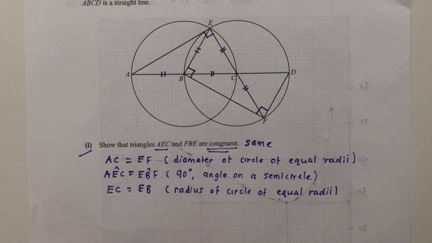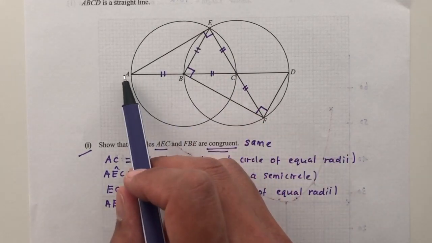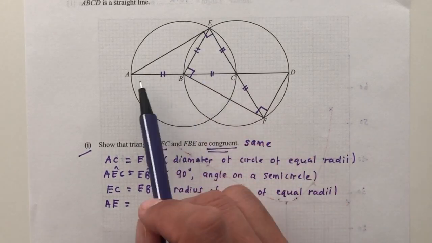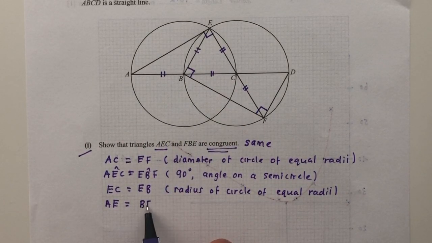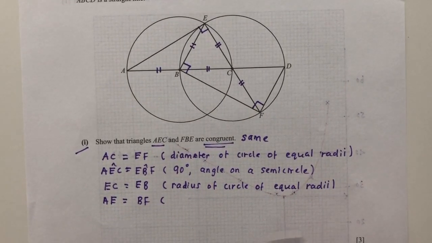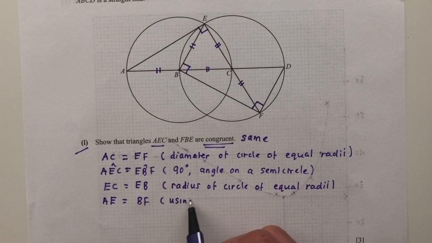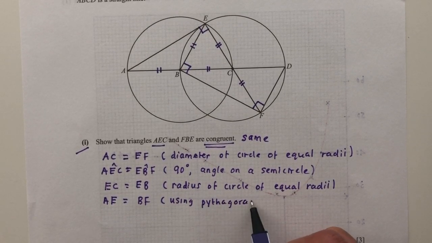So the last part is you will write AE is equal to BF, this side here. They are equal because of Pythagoras theorem.